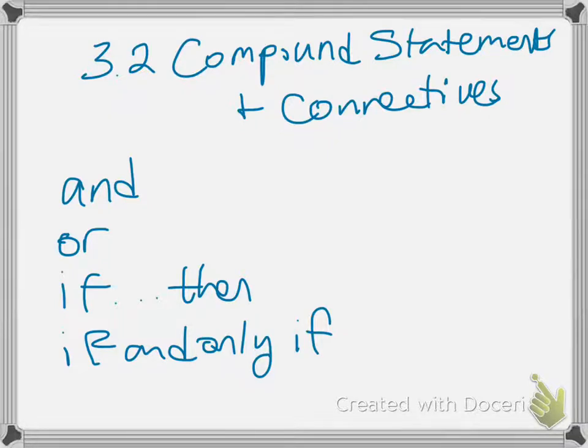Once we've got some statements, it's not super interesting to talk about just simple statements. We usually talk about compound statements that are connected in some way, shape, or form. The various ways that we connect statements are called connectives, and I've written them up here for you.